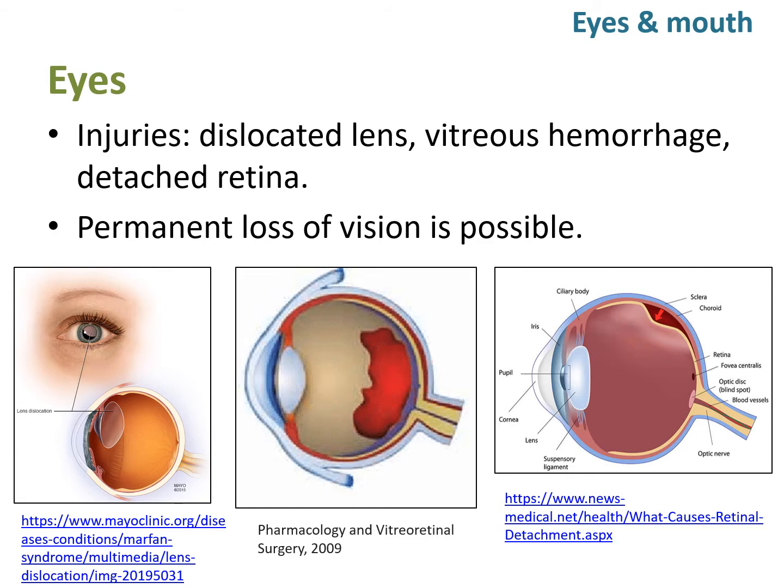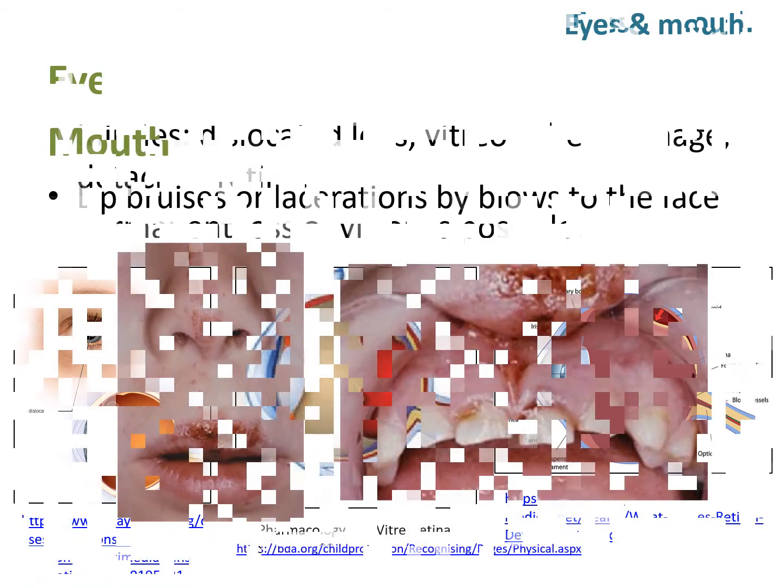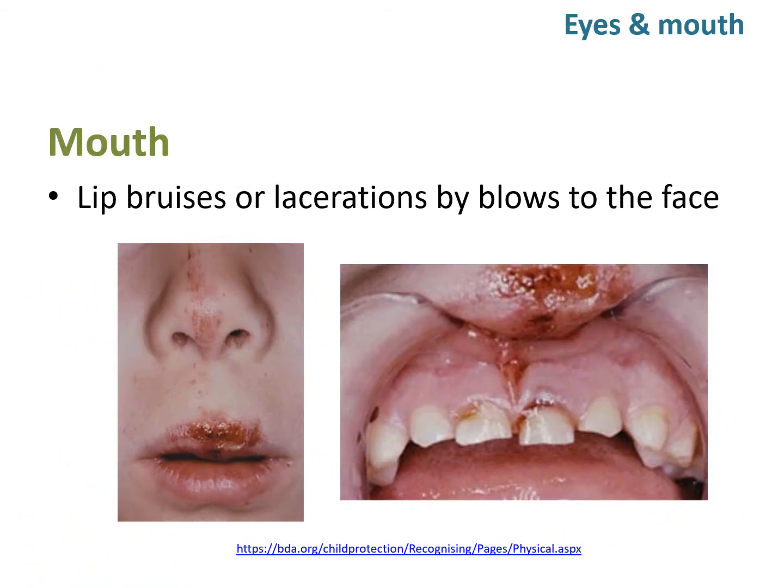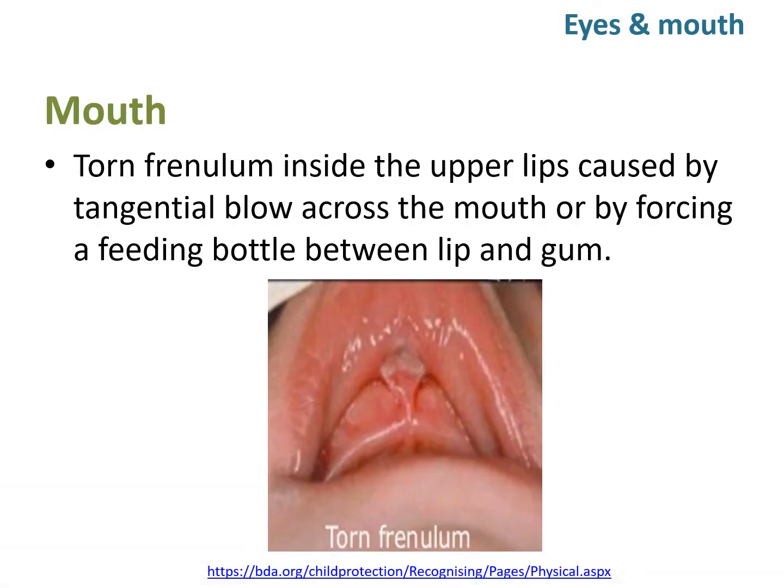Mouth injuries appear in the form of lip bruises or laceration. These lip bruises or lacerations occur by blows to the face, which will make the lip sandwiched or crushed between the blow and the teeth inside the mouth. Another mouth lesion, which is very important in case of child abuse, is the torn frenulum.